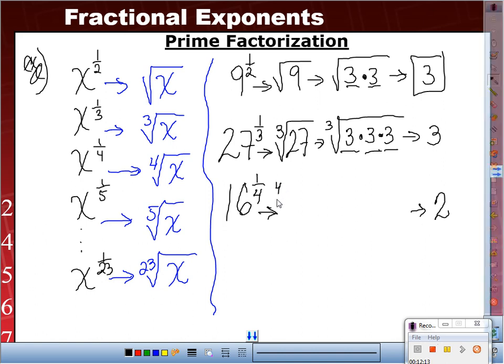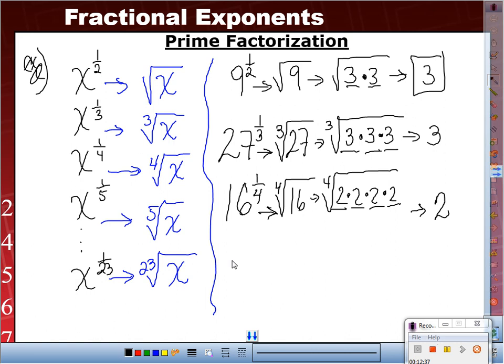This becomes 4th root of 16, which means it has to multiply times itself how many times? The index tells us 4 times. One number times itself 4 times gives me 16. Let's see. 1 times 1 times 1 times 1. No. 2 times 2 times 2 times 2. Yes. 2 times 2 is 4. Times 2 is 8. Times 2 is 16. So the answer is 2. Are we there so far?